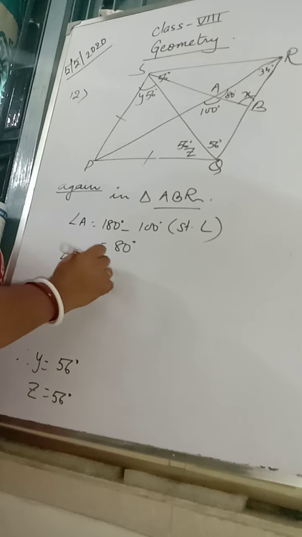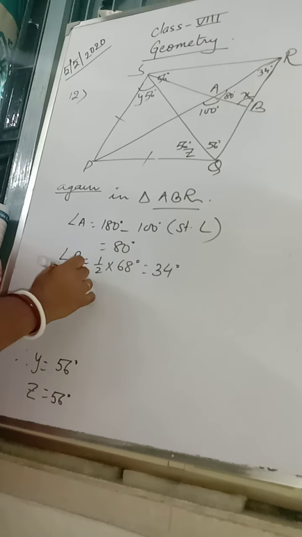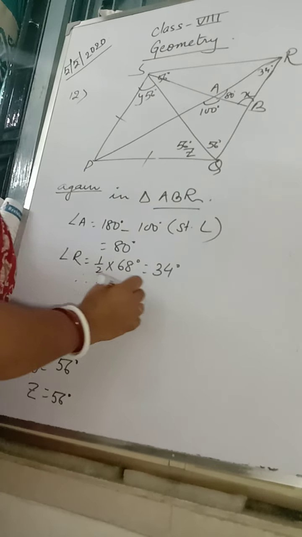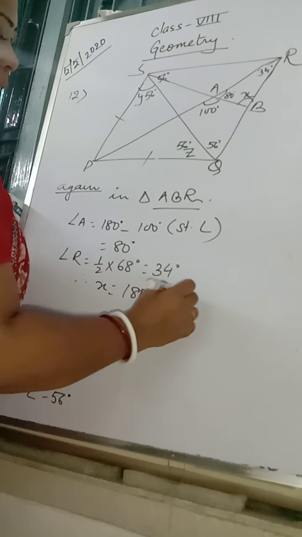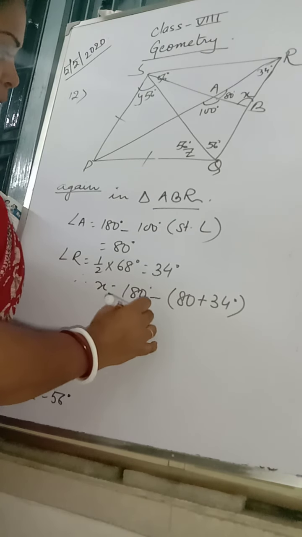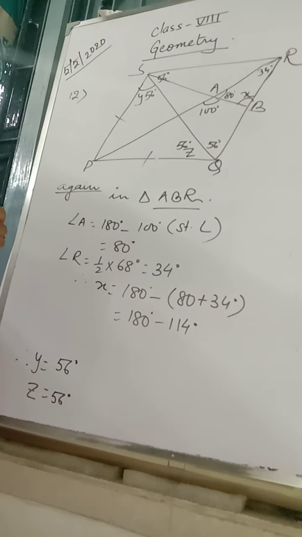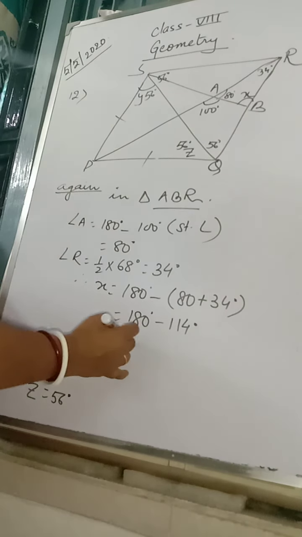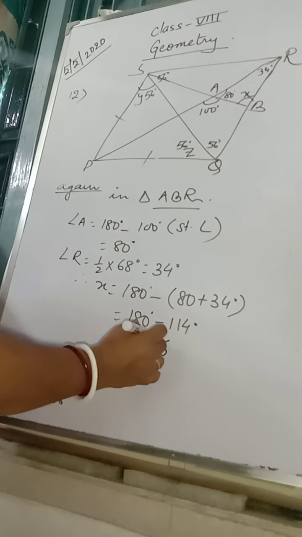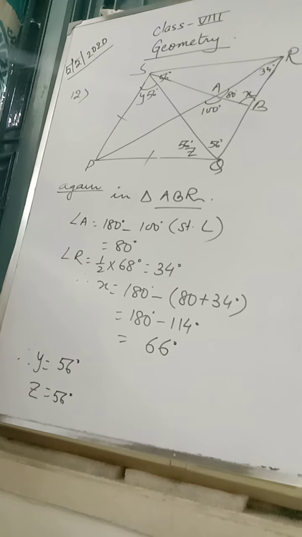Angle R, half of 68 degrees, is equal to 34 degrees, so that's what X is equal to 180 minus (80 plus 34) degrees, 180 minus 114 degrees, this gives you 66 degrees. X is 66, Y and Z is 56 each. Write it please.